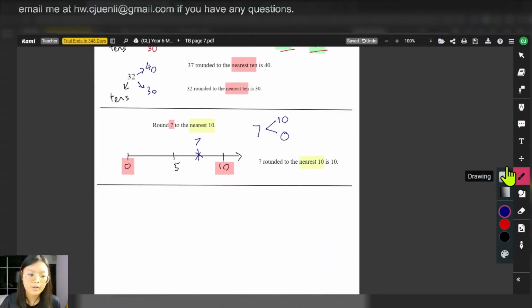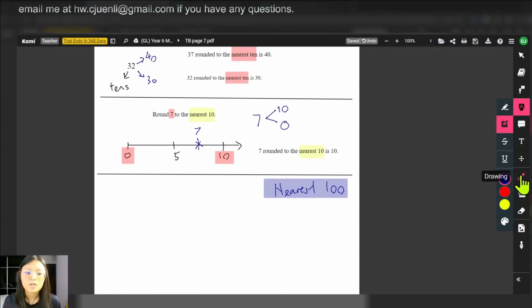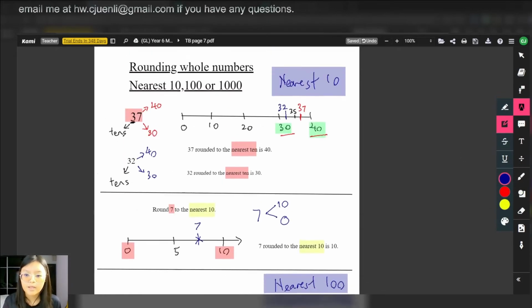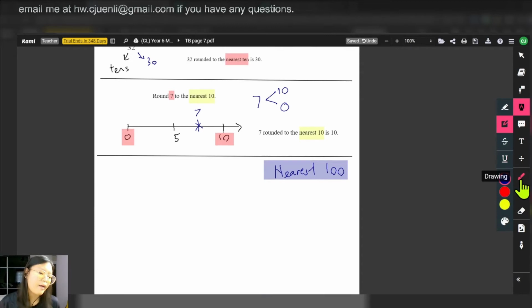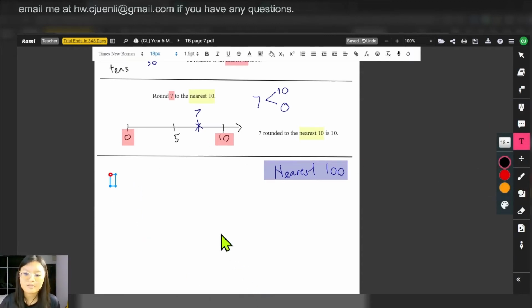Next one, we're going to look at nearest 100. So when we are done with this, let us have a slightly bigger number. All right, just a very slight one. 6530, right? So nearest 100.